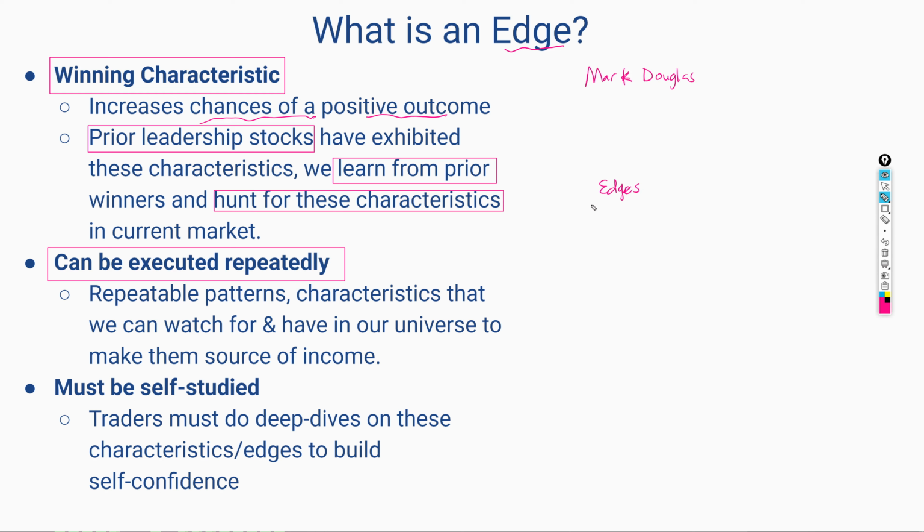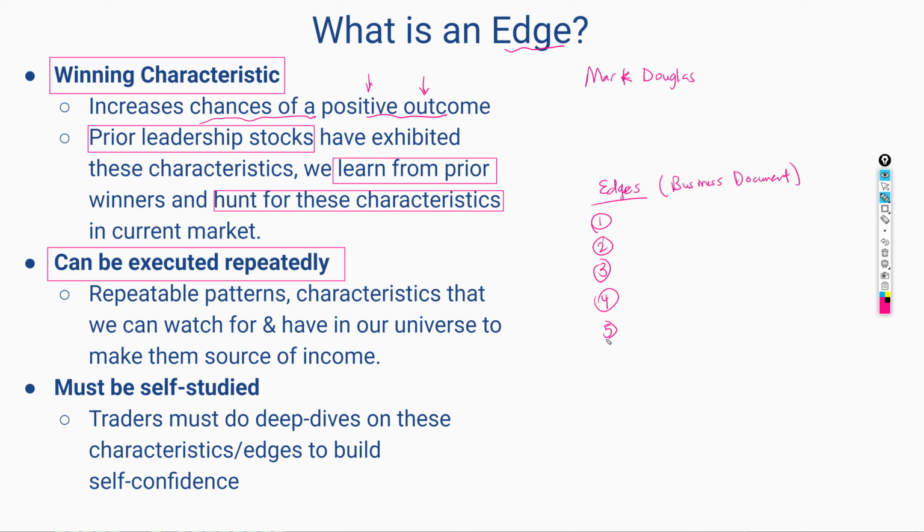You write them down in what you could call a business document, because you have to approach your trading and investing as a business, and you say that these are the edges that I have where the probability of a positive outcome is much greater than a negative outcome.